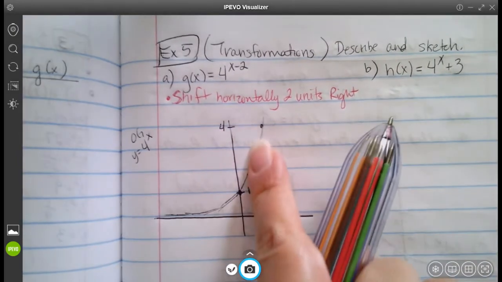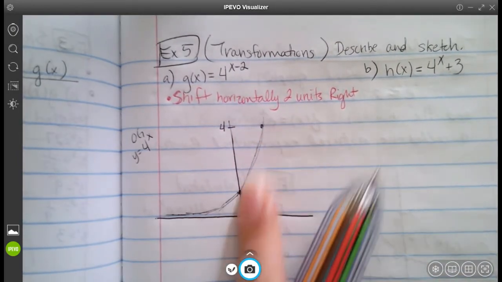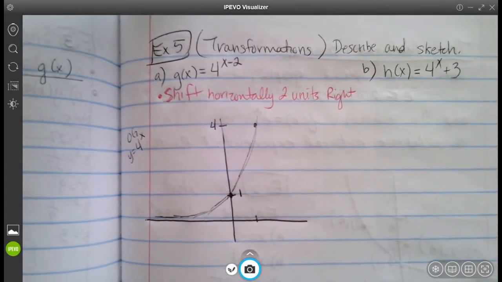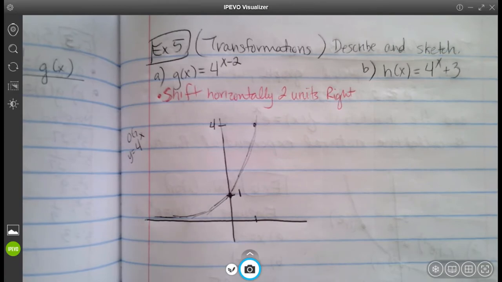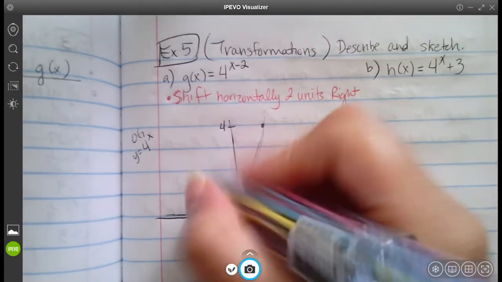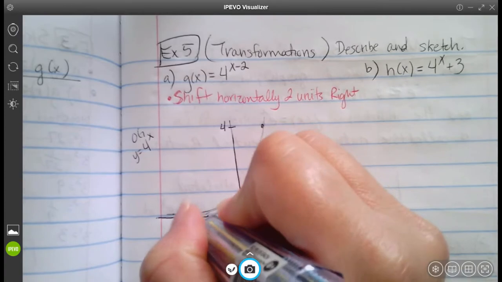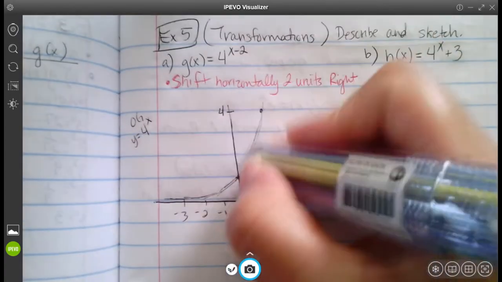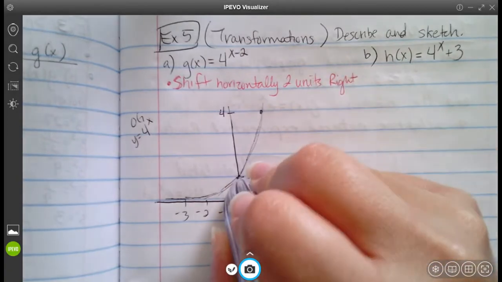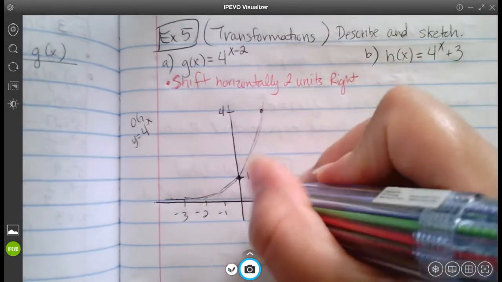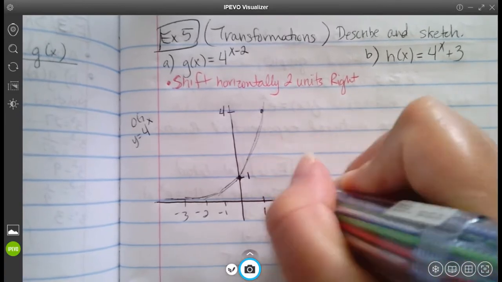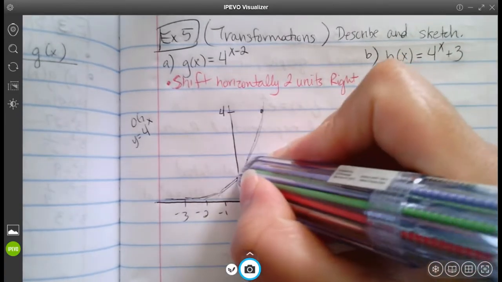And all we're going to do is move these 2 units to the right. So let's go ahead and do that. Let me add some more marks here. So let's say this is 1, so -1, -2, -3. And like I said, this is just a sketch. So this point is now going to jump 2 units to, oh, actually, we're going the other way. I'm sorry. So we're going to go 2 spaces over.